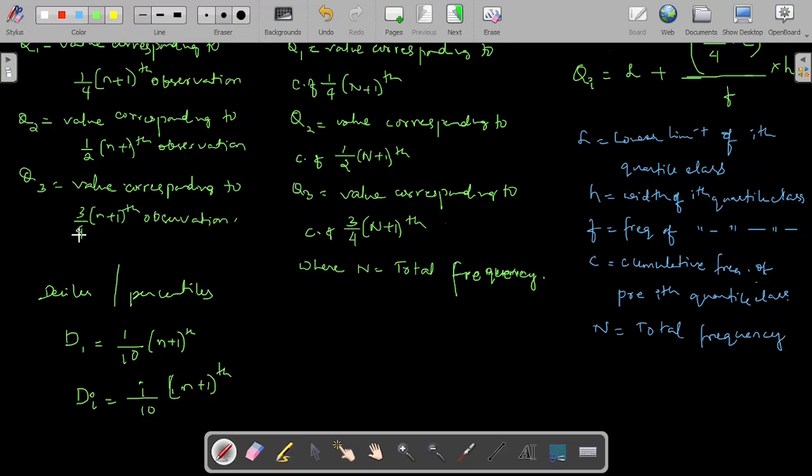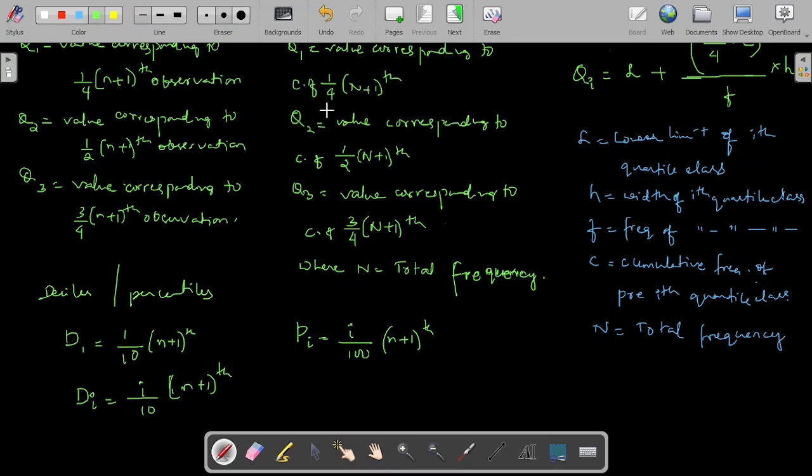Here we are dividing into 4 parts. So Q2 means here 2 by 4, Q3 means 3 by 4 and so on. Similarly for percentiles, Pi equal to i by 100 into n plus 1th observation. That is for ungrouped data without frequencies.